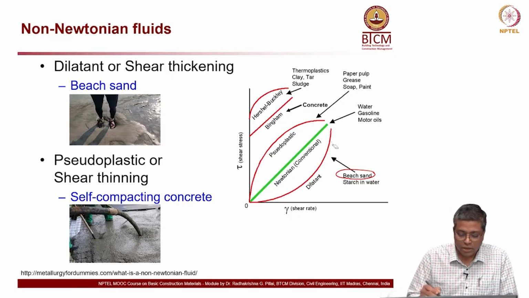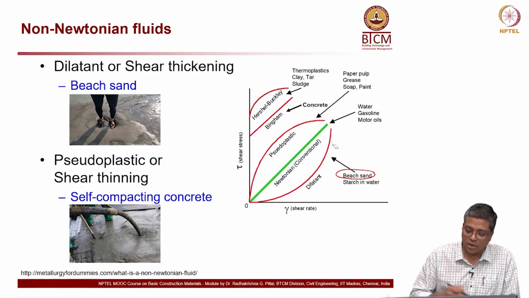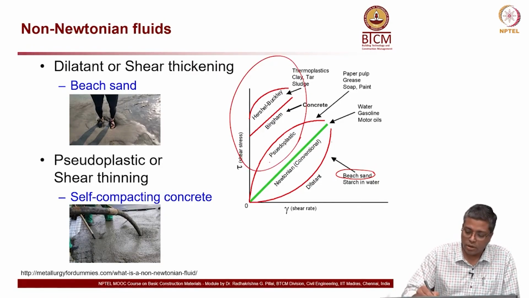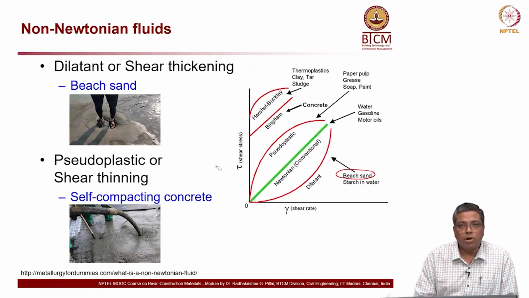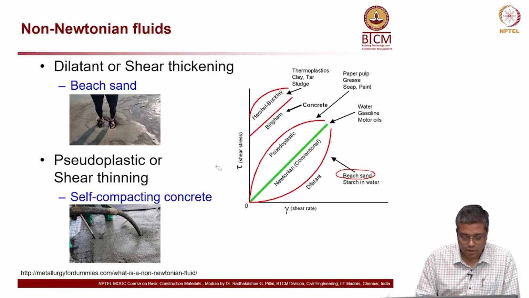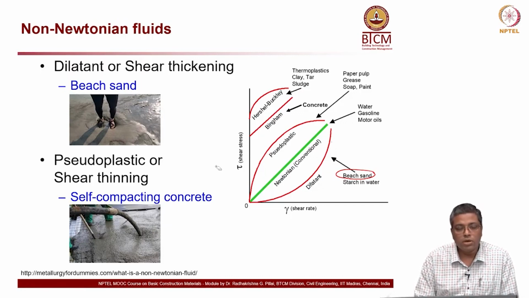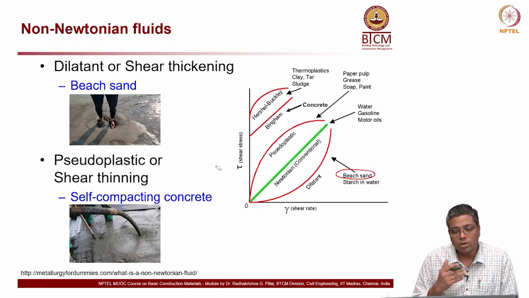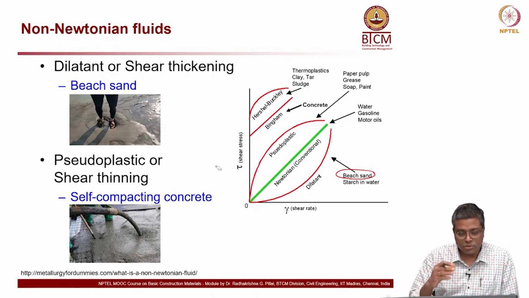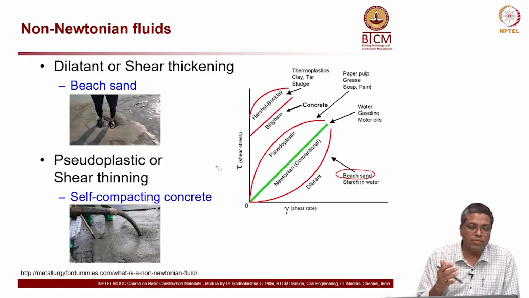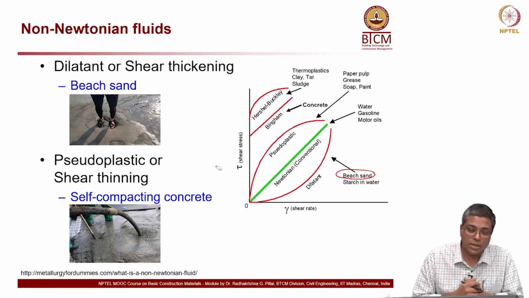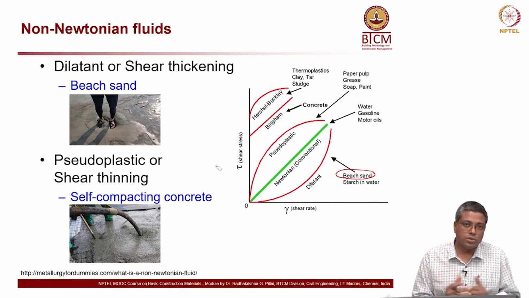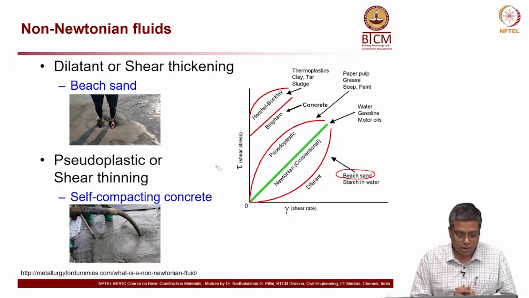Now, let us look at shear thinning behavior, or pseudoplastic behavior. These are all the materials above the green line. One example of this is self-compacting concrete. As you can see in the photograph below, that is concrete being pumped. Self-compacting means that usually when we compact concrete we use needle vibrators or some kind of tool to pack it. Here you do not need those tools, and it is a very good technology.